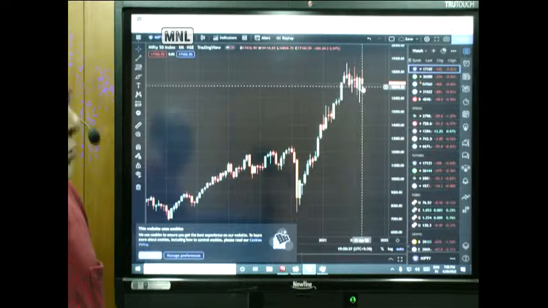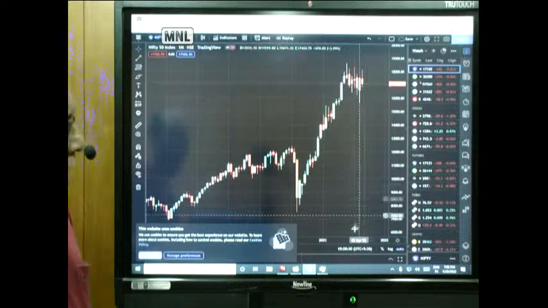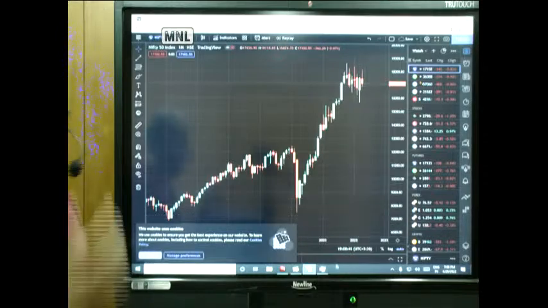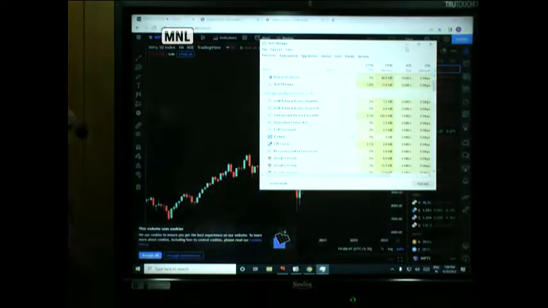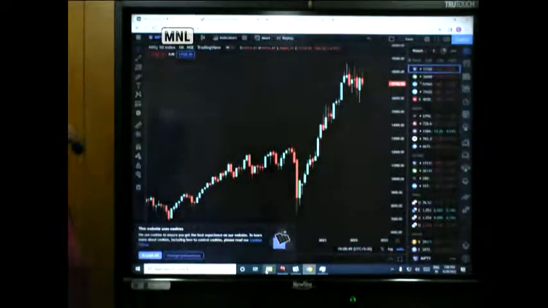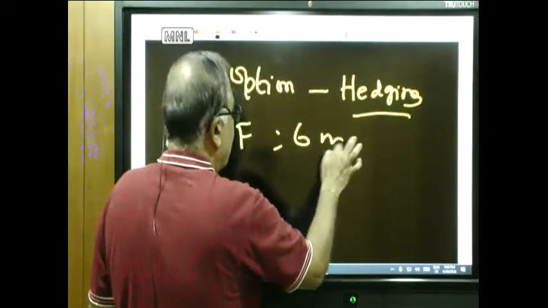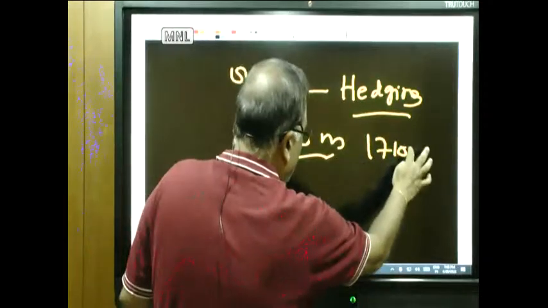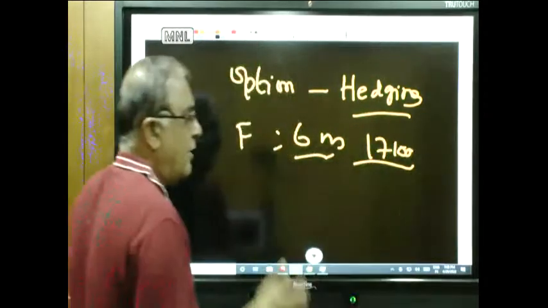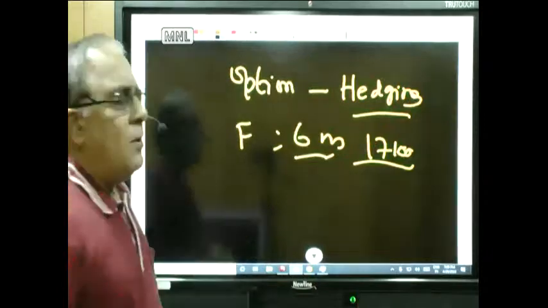But in futures, what we have seen over approximately the last 6 months is that the price on the expiry date is closer to 17,100 on average, plus or minus 100 or 200 points.